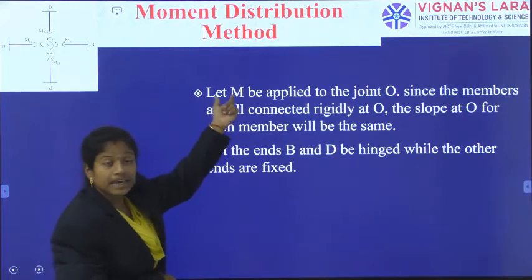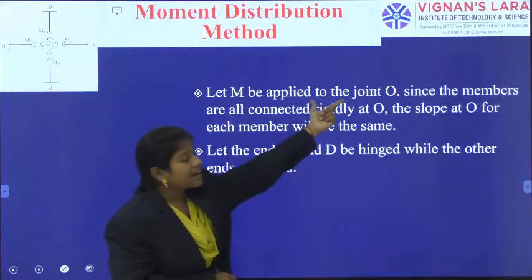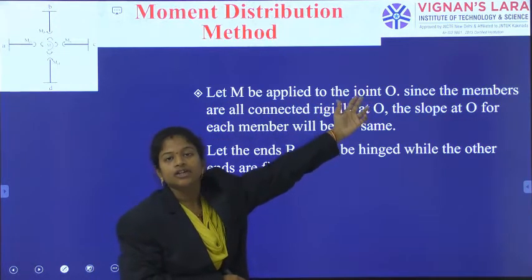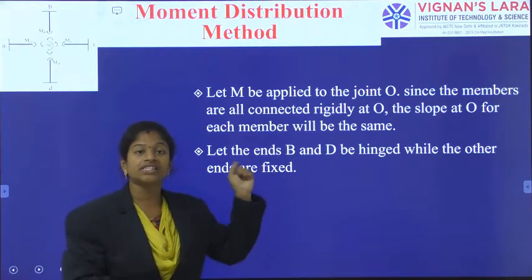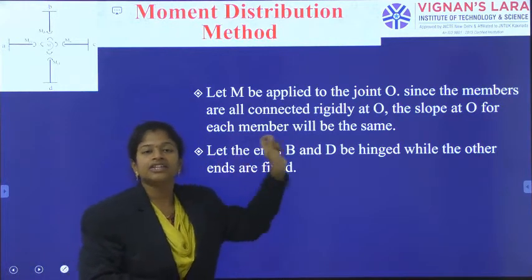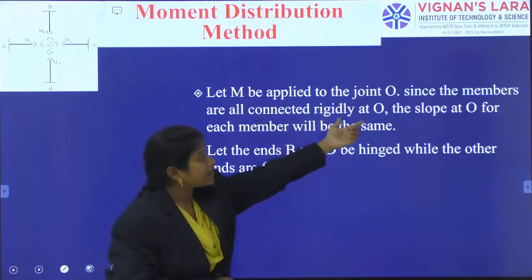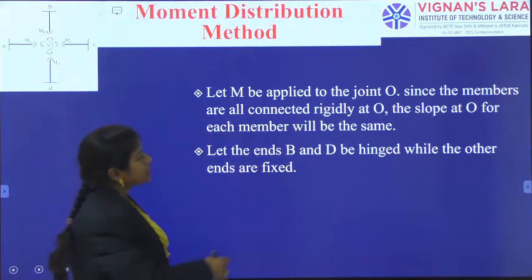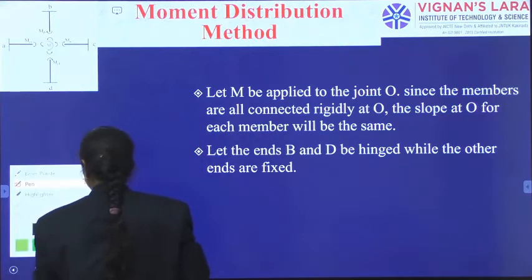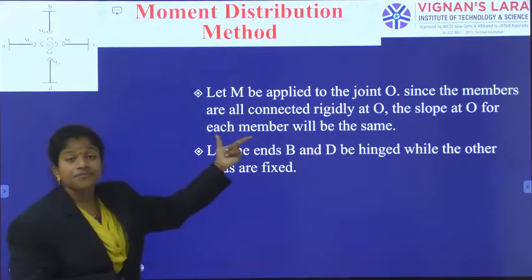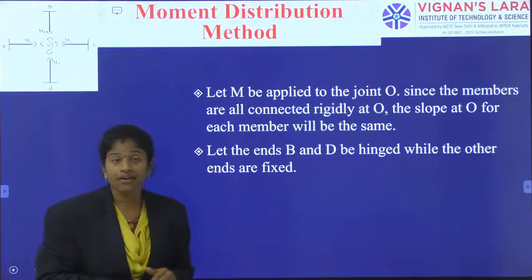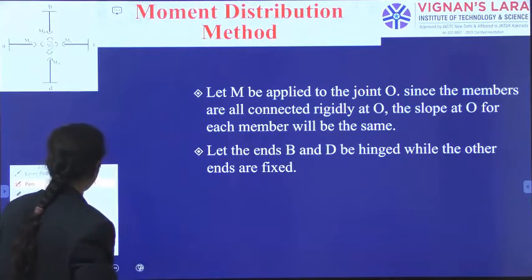Now let capital M be the applied moment which is being applied at joint O. As we have already mentioned, all the members are being connected at O which is being very rigid, and at the joint O I am applying a moment M. Now the members are connected rigidly at O and the slope at O is same for each member. Just now only we have mentioned what we have said.